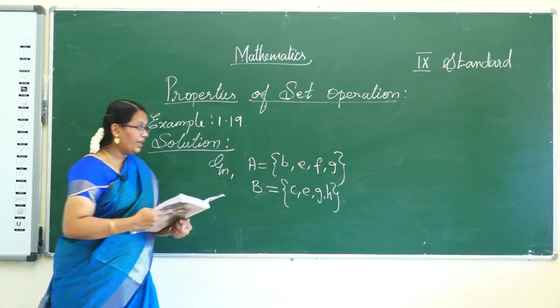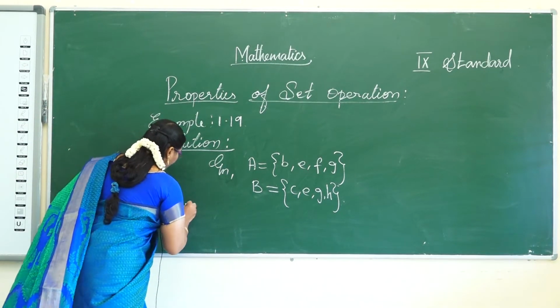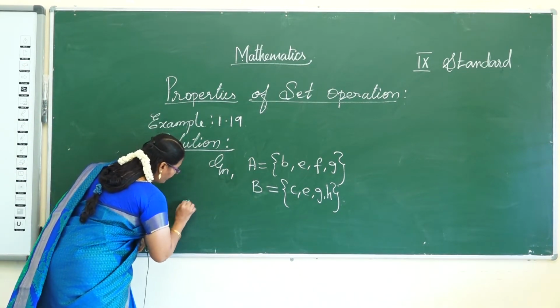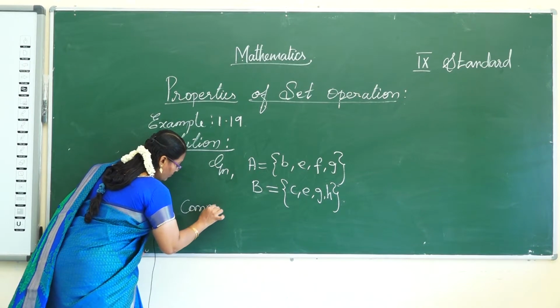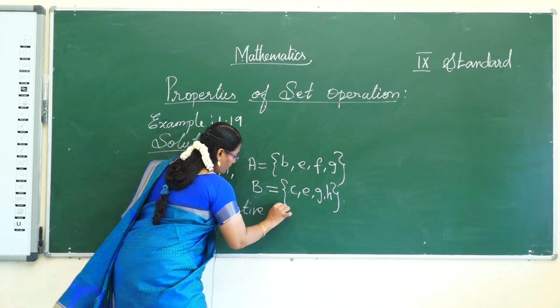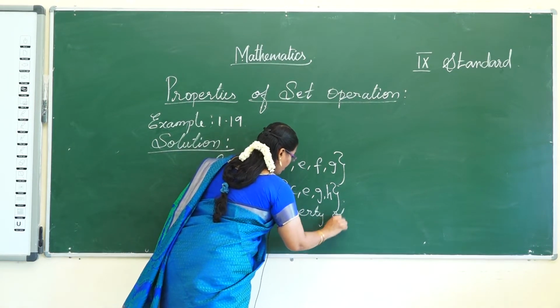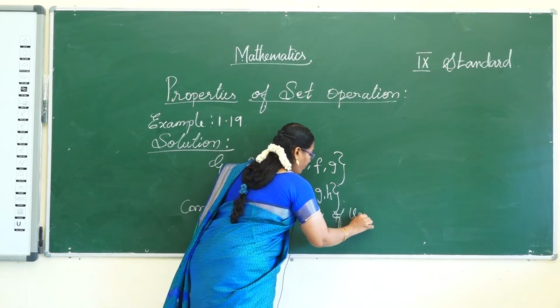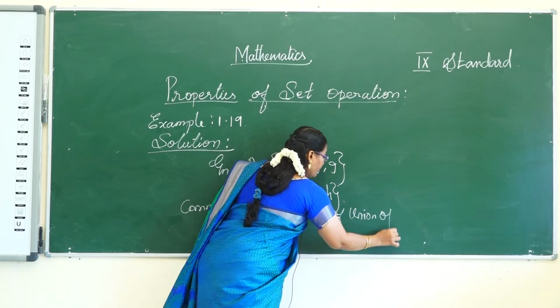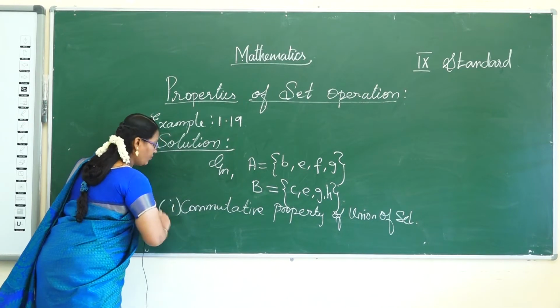Then verify the commutative property of union of sets. What is the formula?